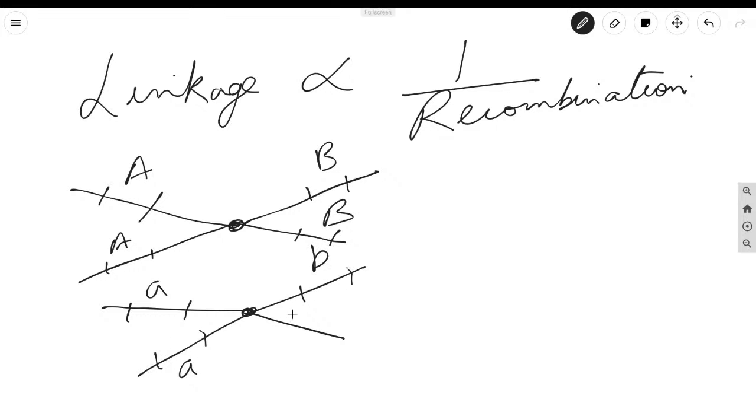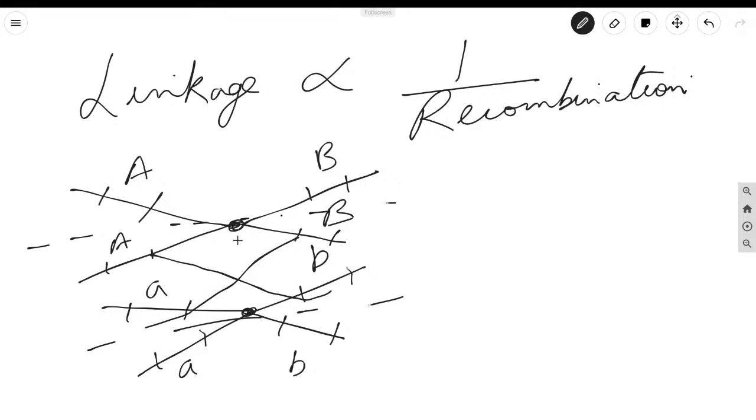I also told you that concept, that even if you go for 100% recombination, the total recombination will still be 50%, because these two distal chromosomes will never take part in recombination. So if you have a single crossover, I'm drawing a single crossover only. DCO I had also shown you. Double crossover products, we will be having this only.